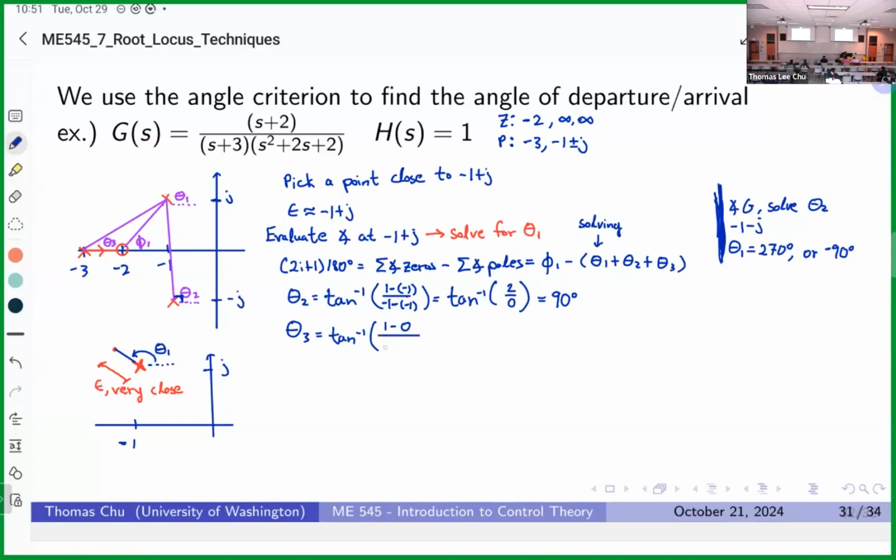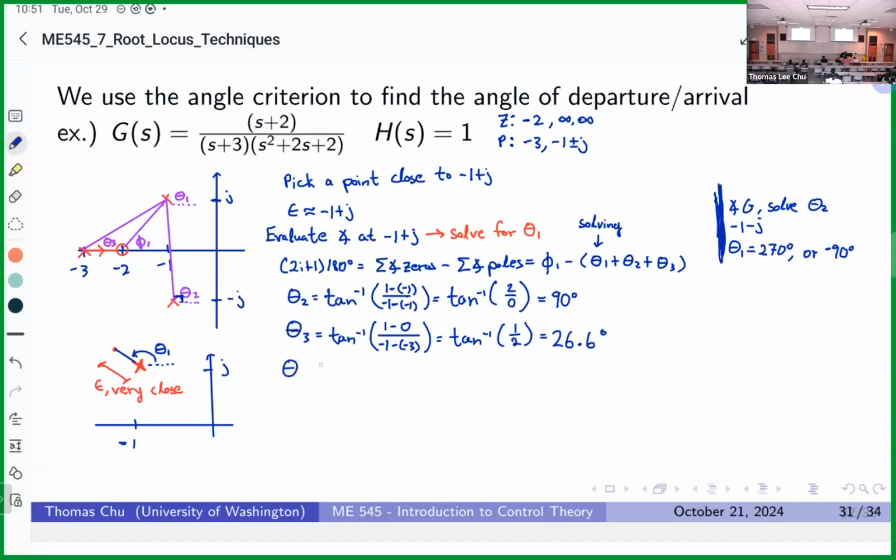And then it's going to be the length, which is -1, minus the pole location, which is -3. We get arctan of 1/3, and that's going to be 26.6 degrees. Oh yeah, it's 2. Thank you.